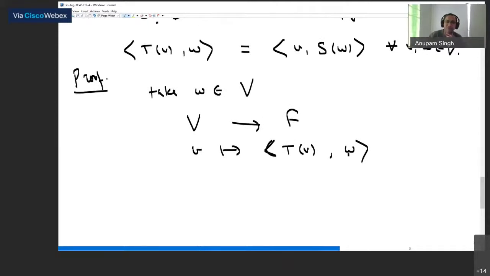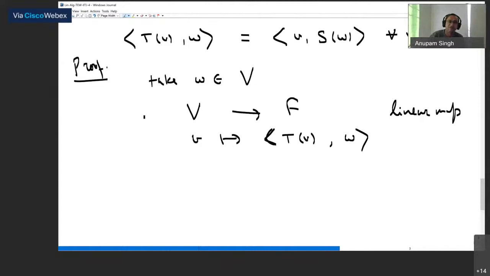You see, w is fixed here and v is varying, but T is linear, so this is linear in this coordinate. So clearly this is a linear map, in fact for any w. Is that clear? Let's denote it, to match with the previous Riesz representation theorem, by f_w.